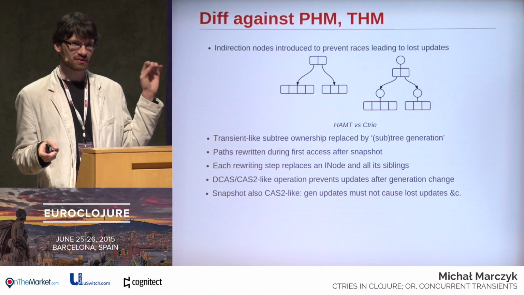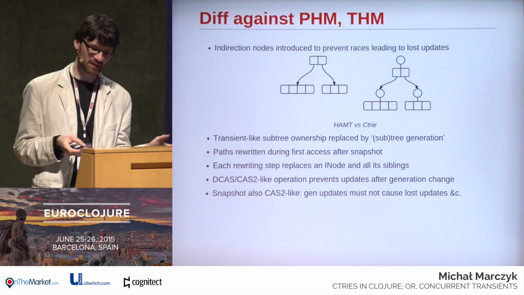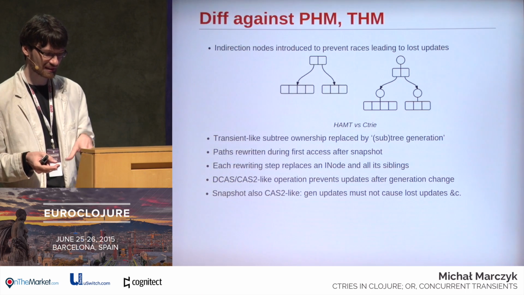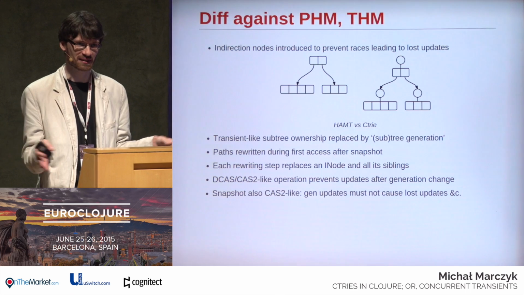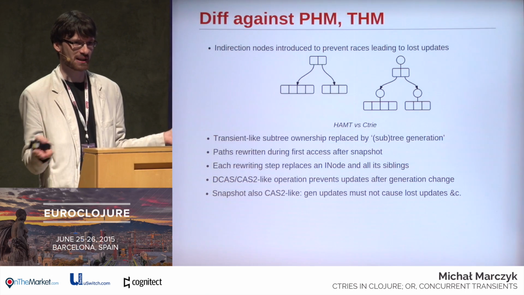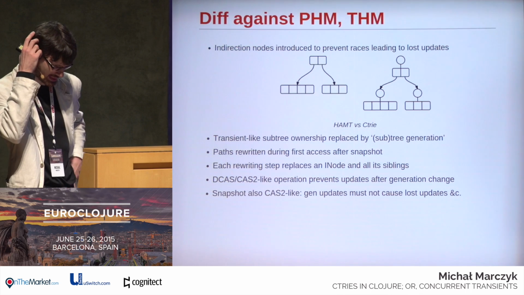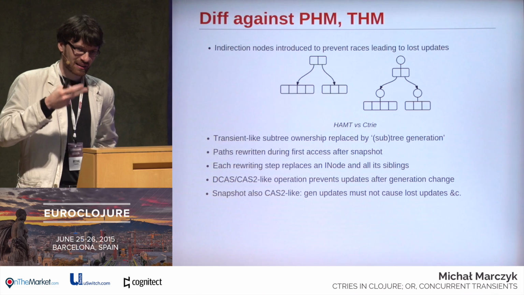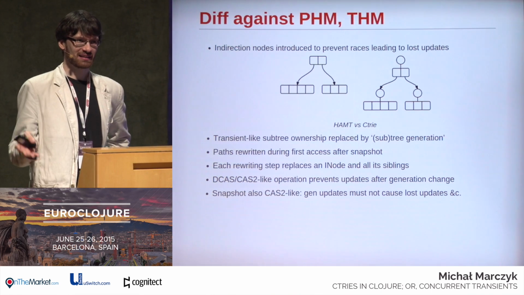And additionally, they rewrite paths in different circumstances. So path rewriting in C-tries happens after snapshot operations. If you take no snapshots, then you never need to rewrite paths, even though you may keep modifying your C-tries. And when a rewrite happens, it's somewhat eager.